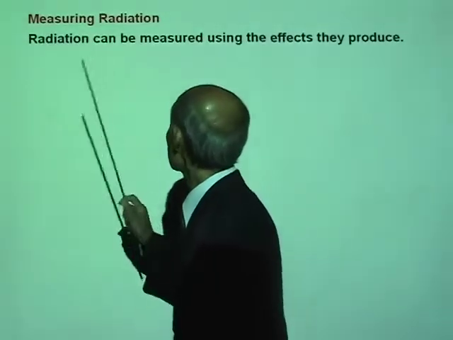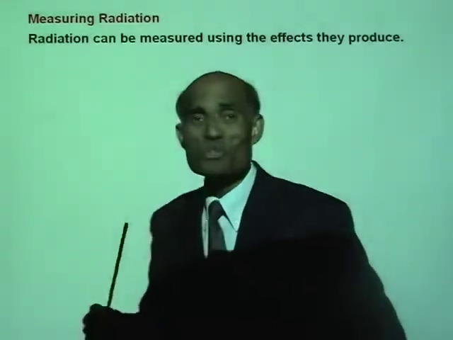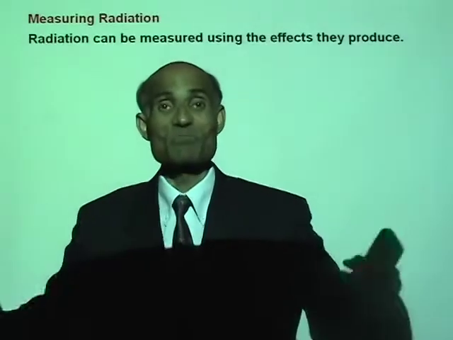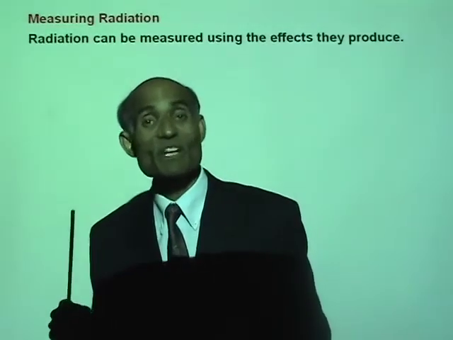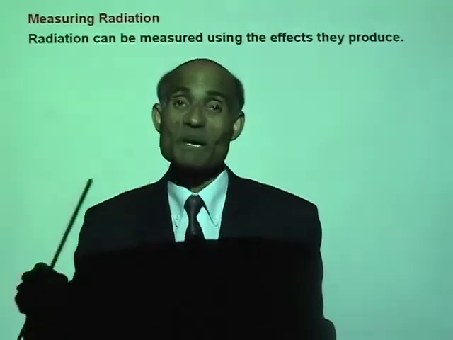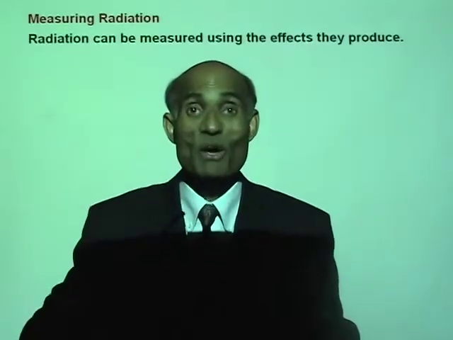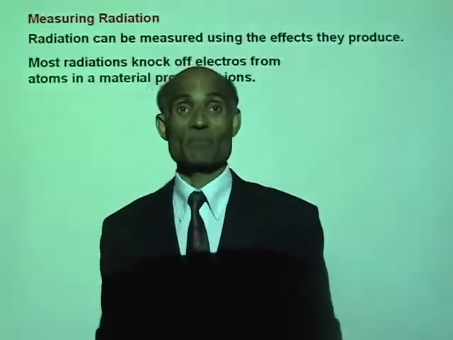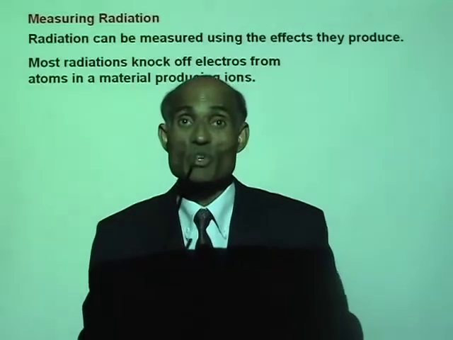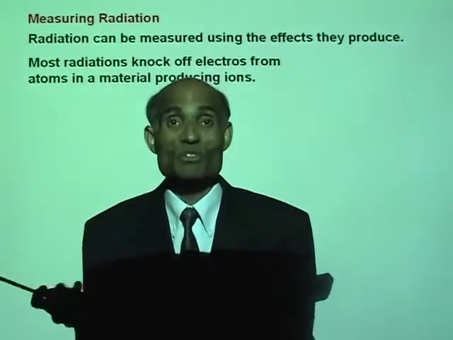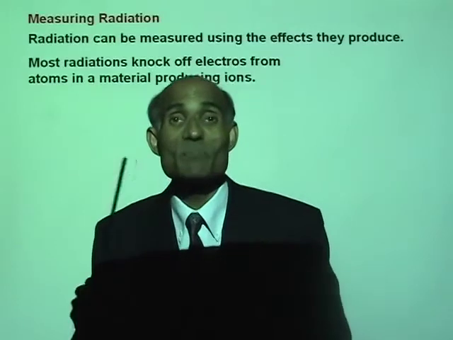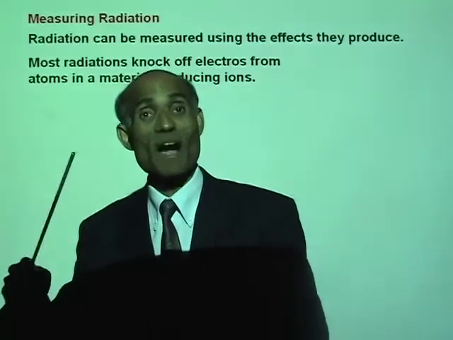Now, radiation can be measured using the effect they produce. What effect are we going to use? The effect of producing ions in air. Most radiations knock off electrons from atoms in a material, producing ions.